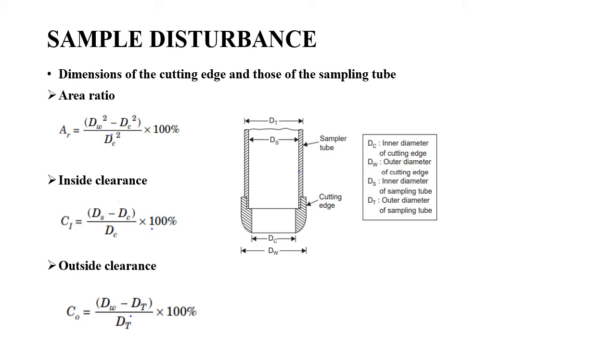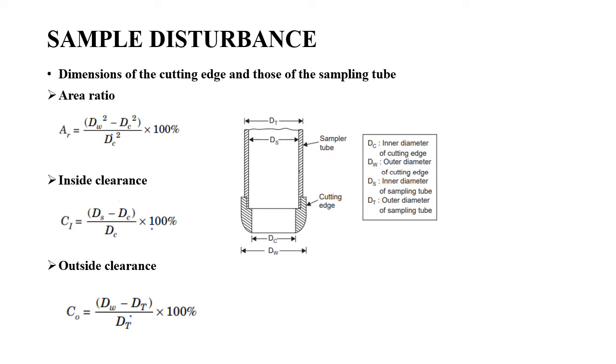Now area ratio is basically the ratio of the volume of the soil displaced to the volume of the soil sample collected. To a great extent it is this area ratio which decides the degree of disturbance caused to the sample. In the last slide we also saw that the samplers themselves are mainly classified based on area ratio as thick walled samplers and thin walled samplers.